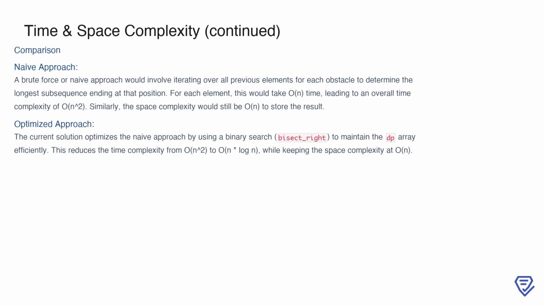On the other hand, the optimized solution leverages a binary search via bisect_right to maintain the dp array efficiently. This reduces the time complexity from O(n squared) to O(n * log n), while maintaining the same space complexity of O(n). This significant reduction in time complexity makes the optimized approach far more suitable for large input sizes.